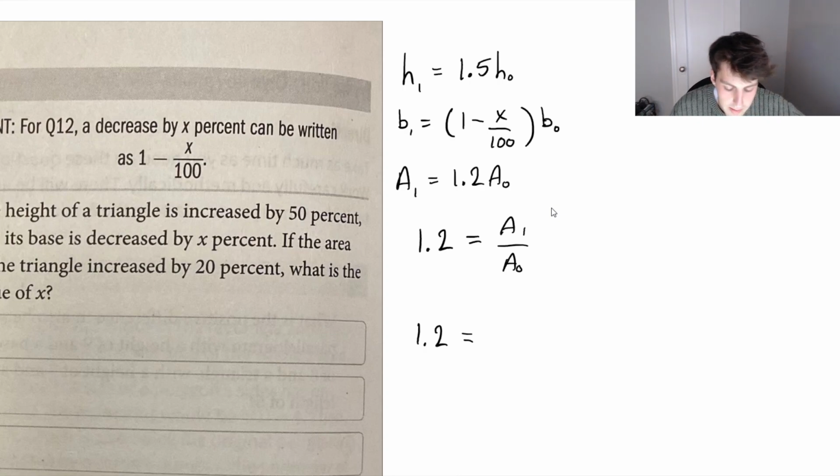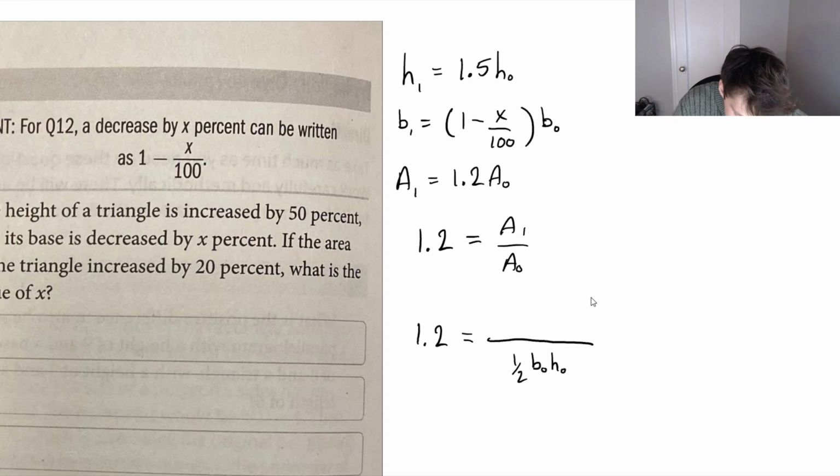Let's start with our denominator and then it'll make sense why we're going to do that in a second. Well, a naught is just going to be, okay, it's half base times height, right? Half b naught times h naught.